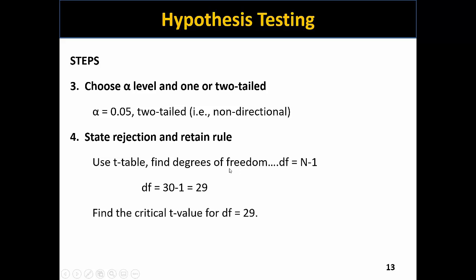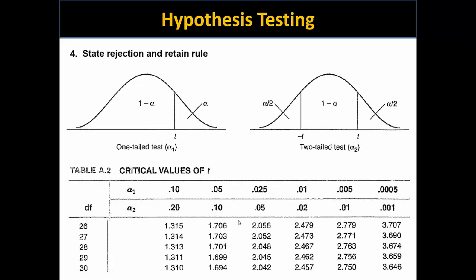So step 4 means that we have to find the critical t-value for a degrees of freedom of 29. So we go to the t-table, and I just clipped the relevant parts of the t-table for our usage here.